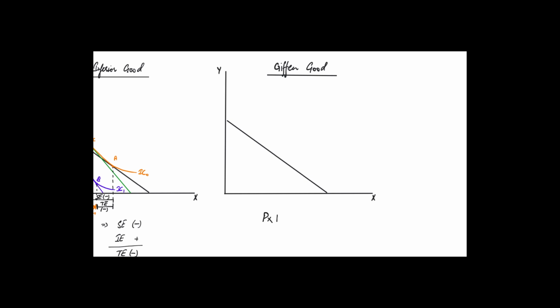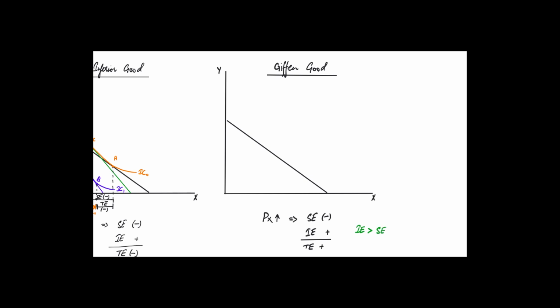When the price of X is going to rise, the substitution effect will be negative. The income effect is going to be positive. And overall, the total effect is going to be positive as well. And this would be a result that the income effect is going to outweigh the substitution effect.